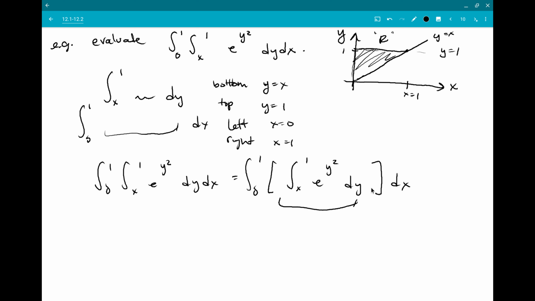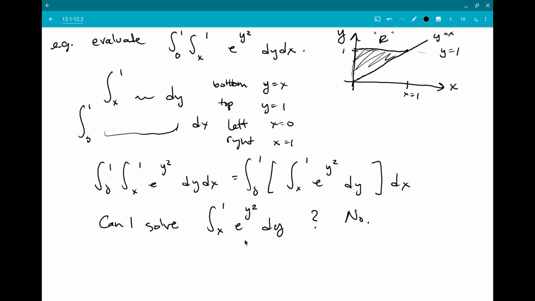And then this is a Calc 1 problem for me. But I run into a problem. I sit here forever. I'm panicking. I say, wait, I have no idea how to integrate e to the y squared. I can't do this inside part. This integral is just too much for me.